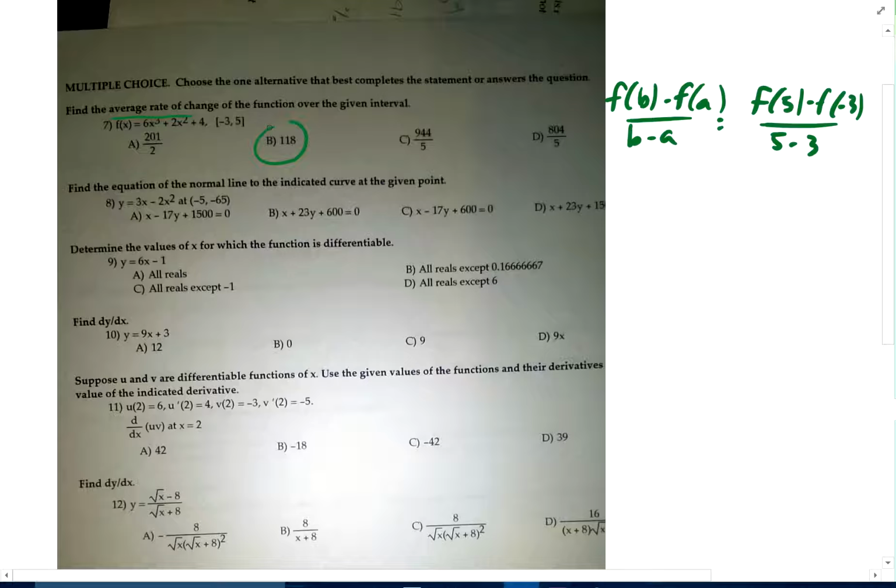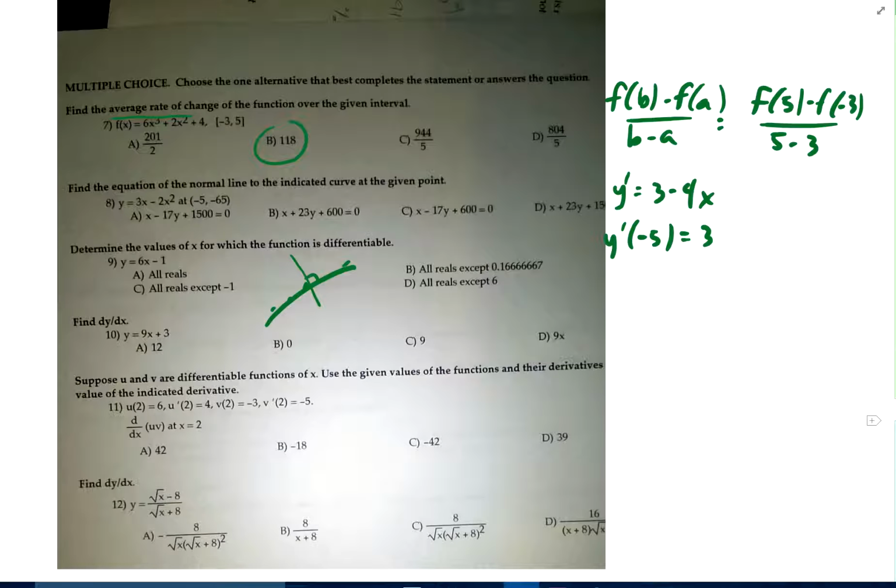Okay, number 8, the equation of the normal line. Remember, if this is the tangent line, the normal line is just perpendicular to it. So let's find the tangent line at that point. Well, y prime is 3 minus 4x. So y prime at negative 5 is 3 minus 4 times negative 5, which is 3 plus 20, which is 23.